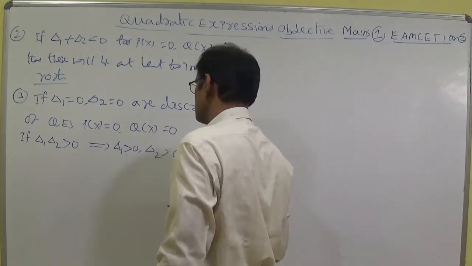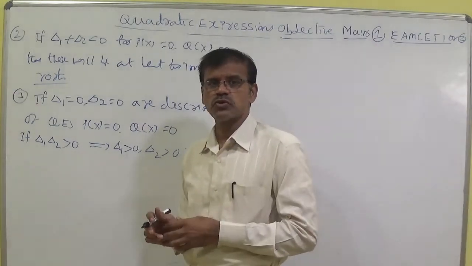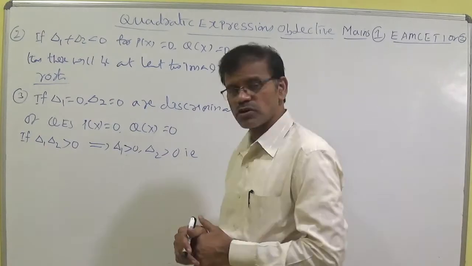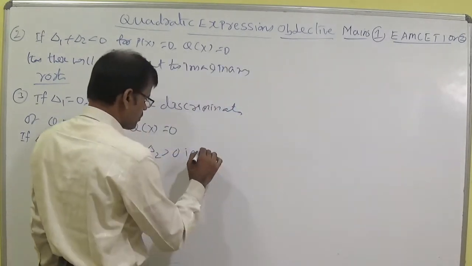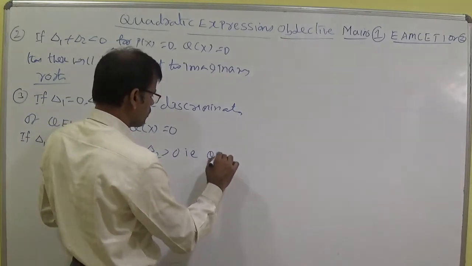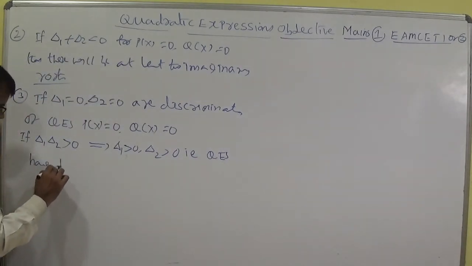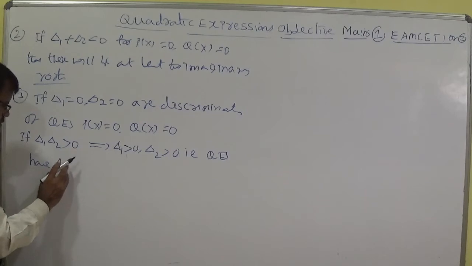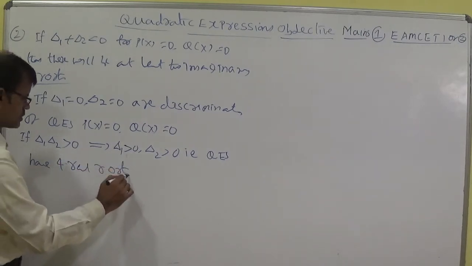Whenever delta 1 is greater than 0, there is a chance of 2 real roots, and whenever delta 2 is also greater than 0, there is a chance of 2 real roots. That is, P of x equal to 0 and Q of x equal to 0 have 4 real roots.